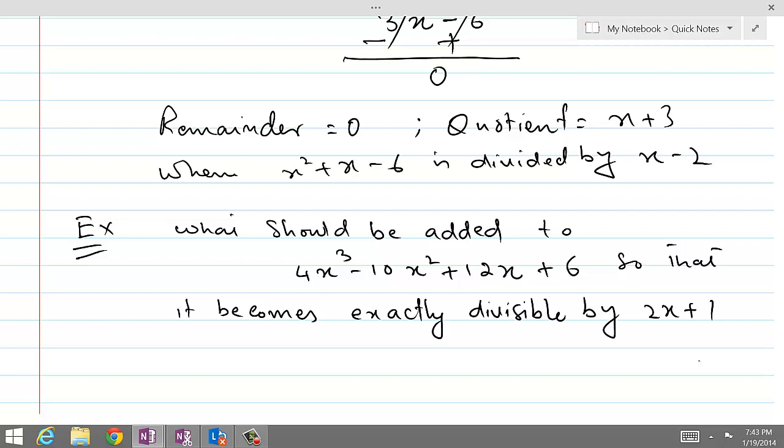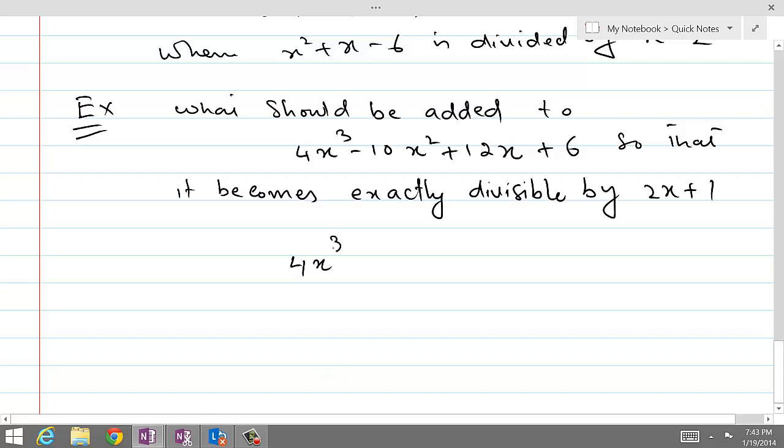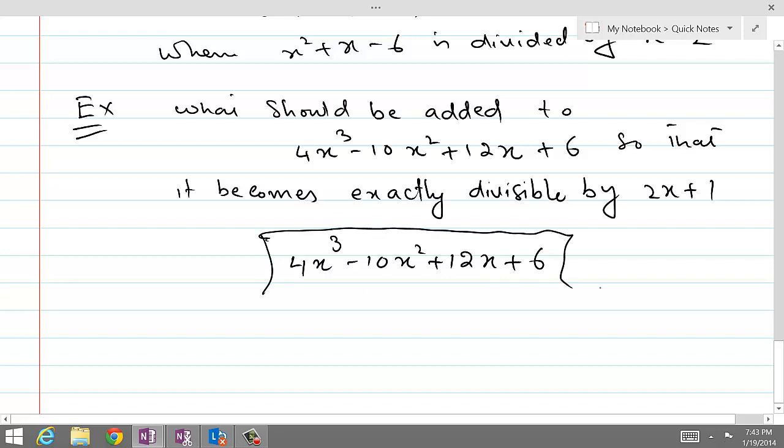So let's divide this 4x cubed minus 10x squared plus 12x plus 6 by 2x plus 1 and see what is the remainder.